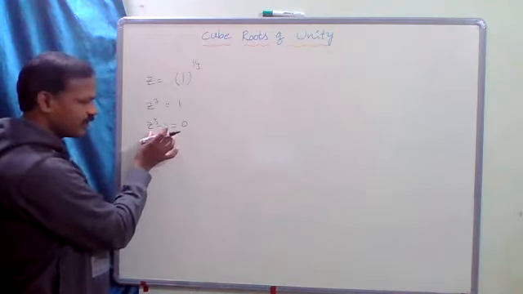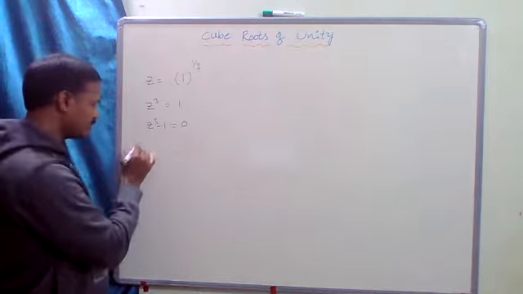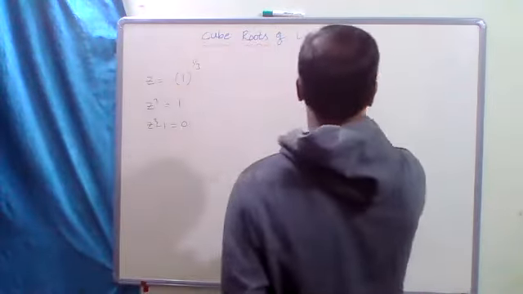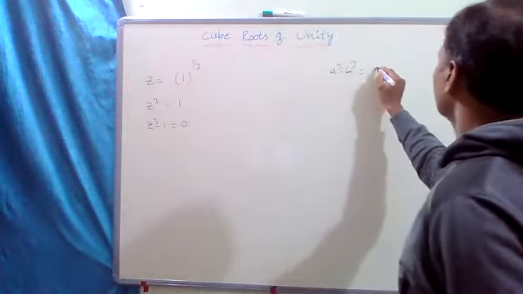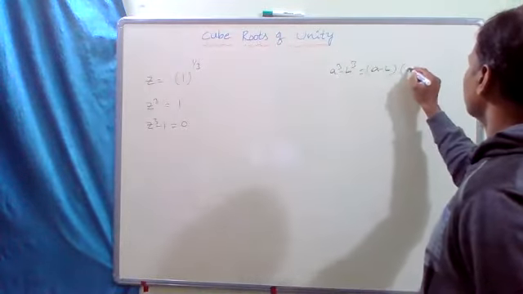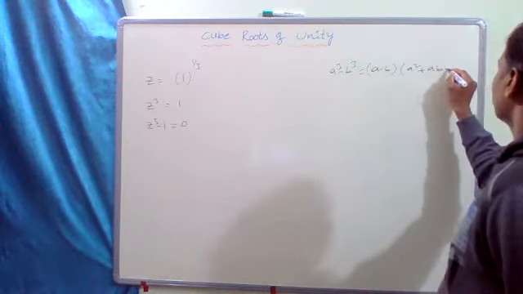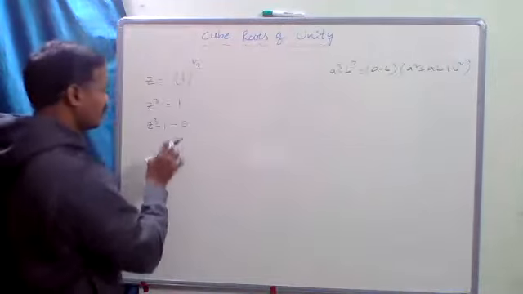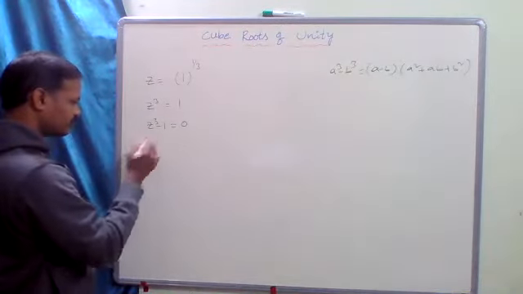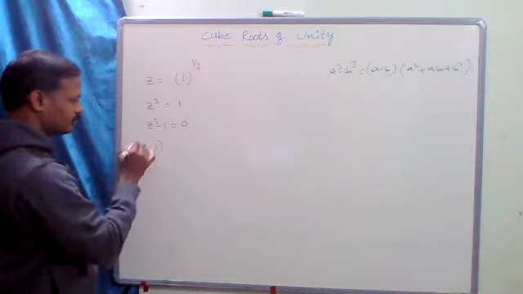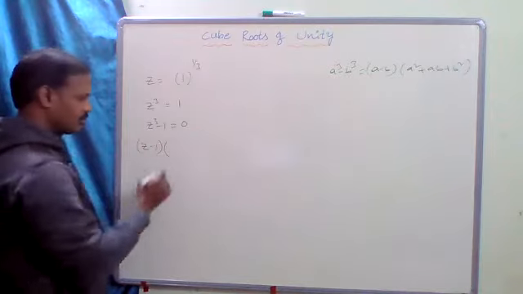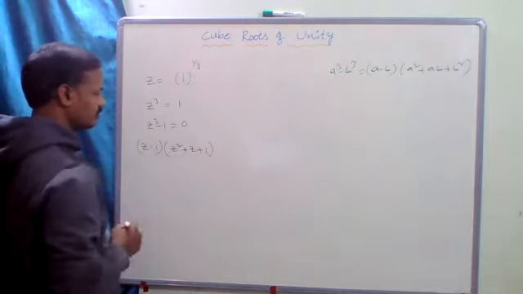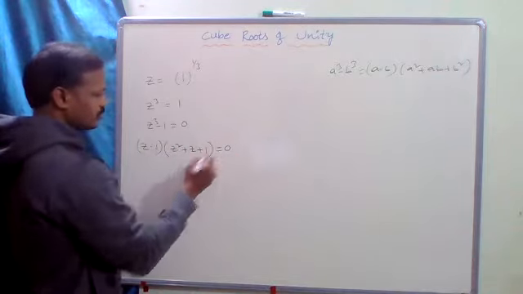See, z cube minus 1 can be written in a cube minus b cube form. a cube minus b cube equals a minus b into a square plus ab plus b square. Now this can be written as z minus 1 into z square plus z plus 1 equal to 0.